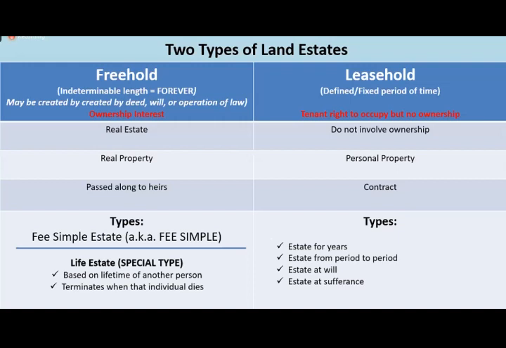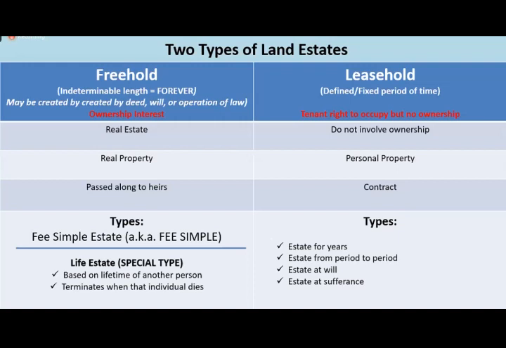Defeasible fee estate or fee simple defeasible estate is a qualified estate that is subject to the occurrence or non-occurrence of a specified event. Two categories of defeasible estates exist: fee simple determinable and fee simple subject to a condition subsequent.